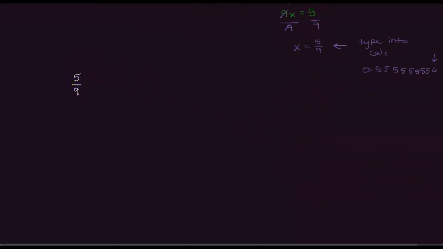5 divided by 9 is truly equal to the decimal repeating, 0.5 repeating, and it's fine to write that as 0.5 with the ellipsis after if you want. What is not okay is writing 5/9 is equal to 0.55556.